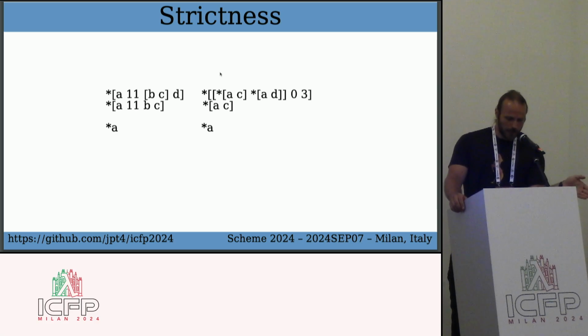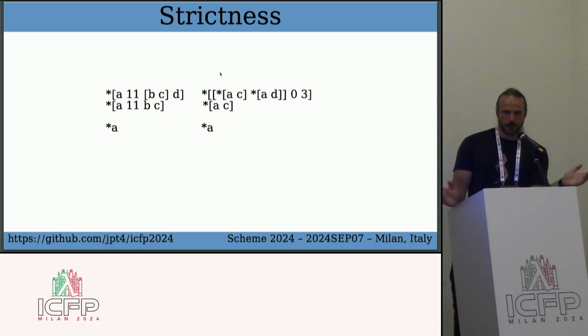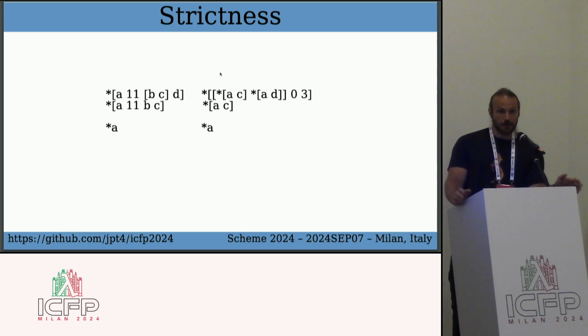So the patterns that you're matching produce something which ignores the b value. So do you need to care what b is? If b is non-terminating, does that mean that the expression as a whole needs to be non-terminating? And this is probably, from an academic standpoint, the most significant thing which the spec does not tell you.